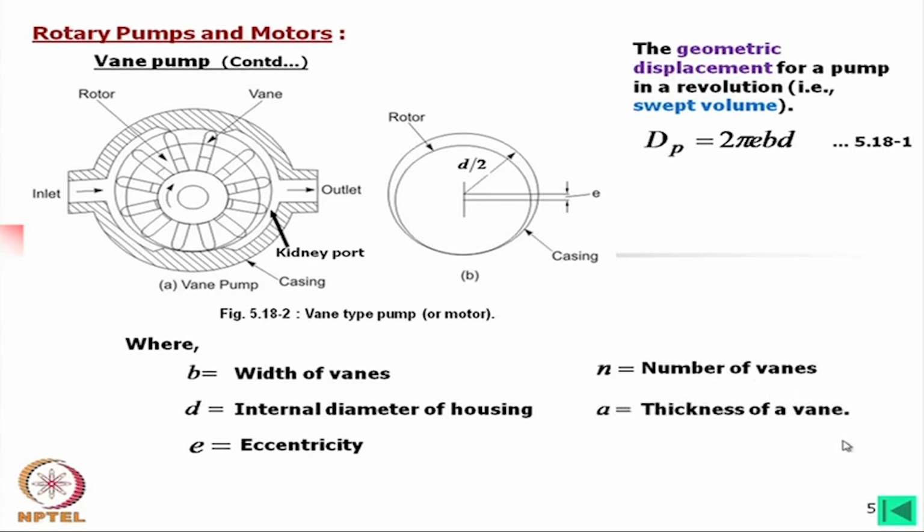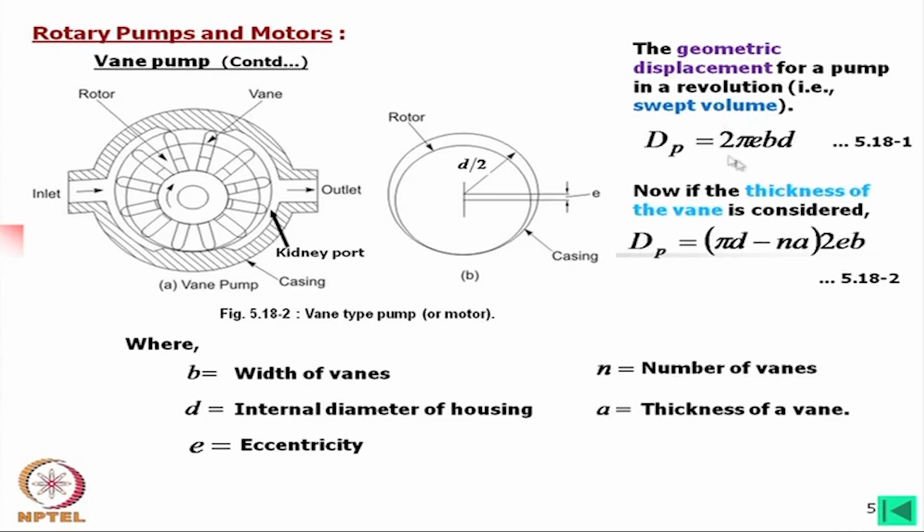Now, if I consider the thickness of vanes, in that case the number of vanes will not be multiplied with this, because we have approximately considered the area. If you look into this, apparently we are taking this periphery and multiplying with the width of this, and that is giving us the volume. Why is this formula like that? The reason is that the ultimate total volume, if I consider this point, must be equal to this periphery.